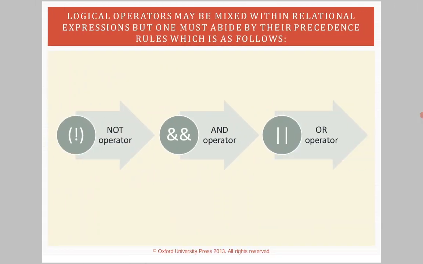So logical operators, as we already discussed. What are logical operators? Logical operators are three: and, or, not. And means double ampersand operator, or means two vertical bars, and not means the exclamation operator.